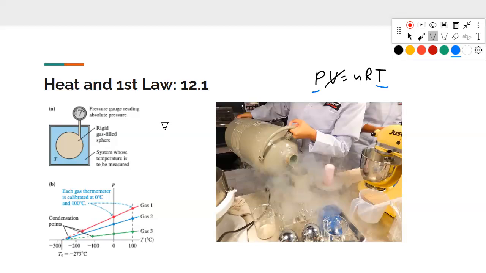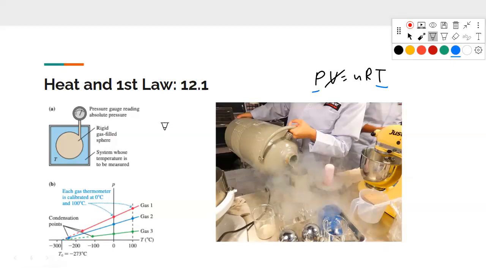So what actually happens if you keep decreasing the temperature of a gas is eventually it liquefies. Liquid nitrogen makes up 70% of the air in the atmosphere, roughly, and so liquid nitrogen is the main thing you get if you do this experiment with air and just keep cooling it down. At that point, the ideal gas law stops applying.